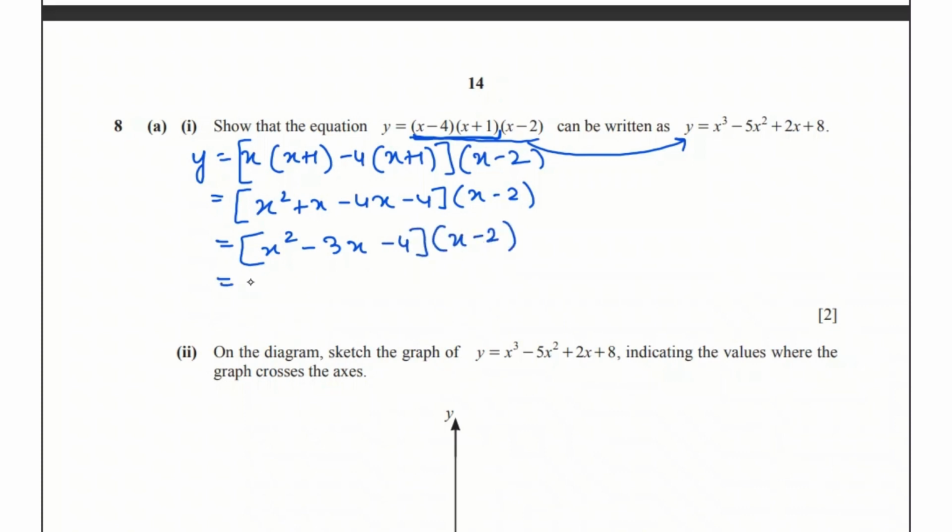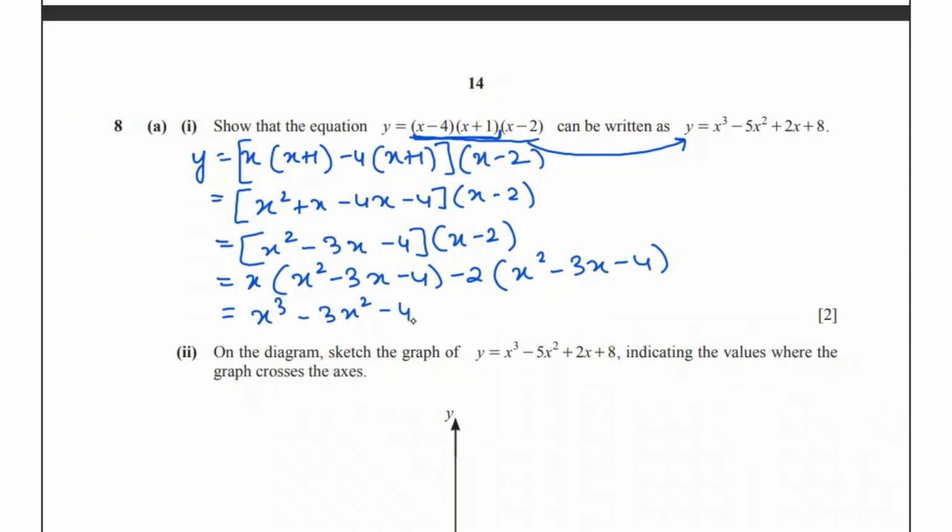Again open this, multiply this bracket with x minus 2. So x times x square minus 3x minus 4, minus 2 times x square minus 3x minus 4, which gives me x cube minus 3x square minus 4x minus 2x square plus 6x plus 8.